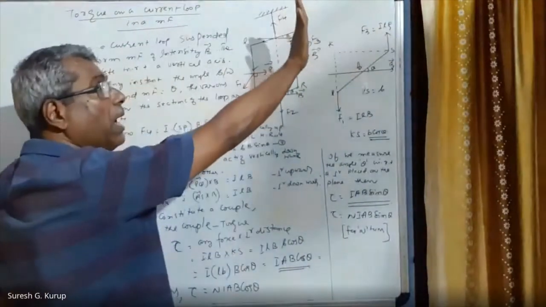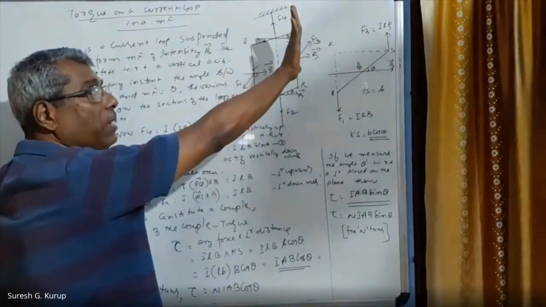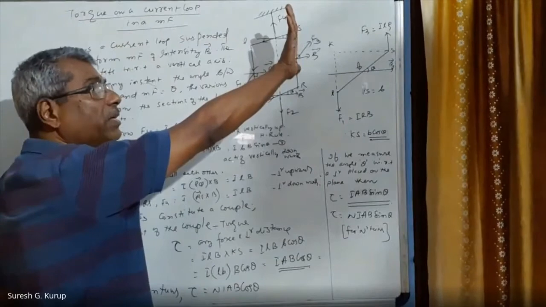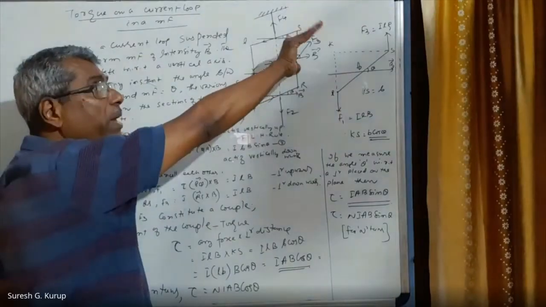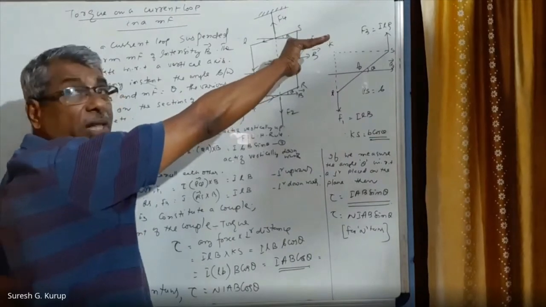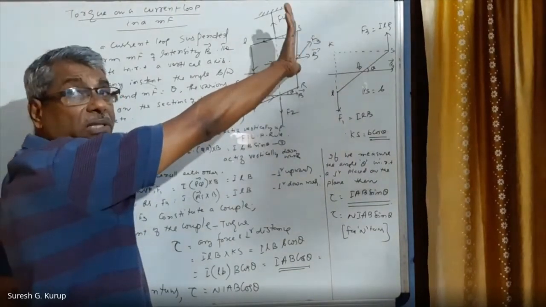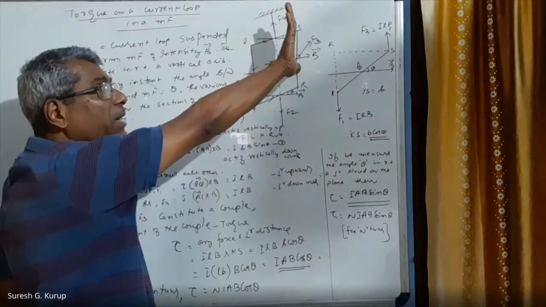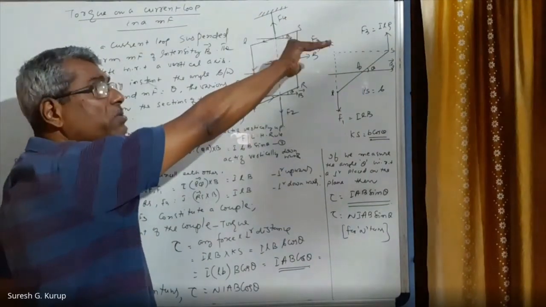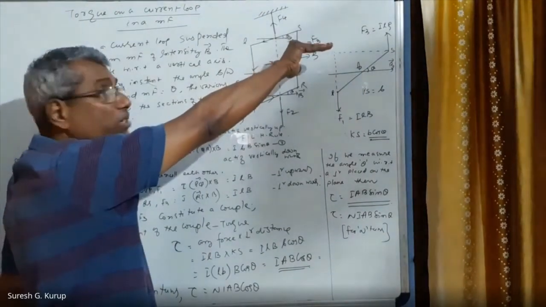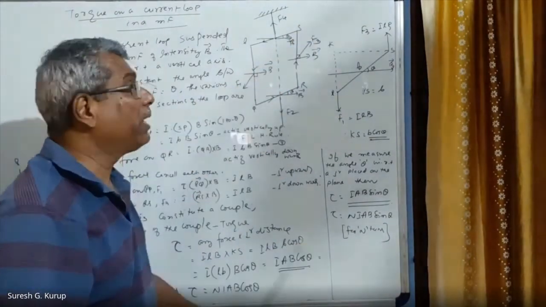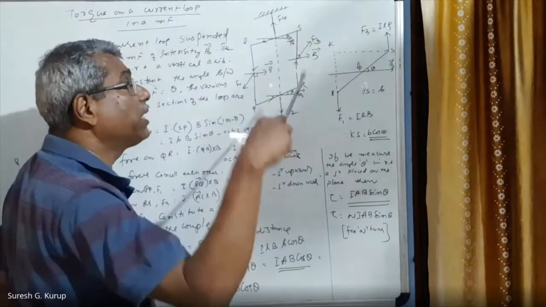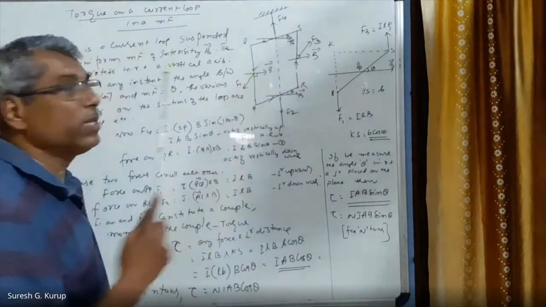Orient the hand in such a way that the fingers show the direction of the current, and when you bend the fingers at right angles, that will show the direction of the magnetic field. Then the thumb will show the force acting on that. Naturally, this F3 is acting downwards and F1 is acting upwards.